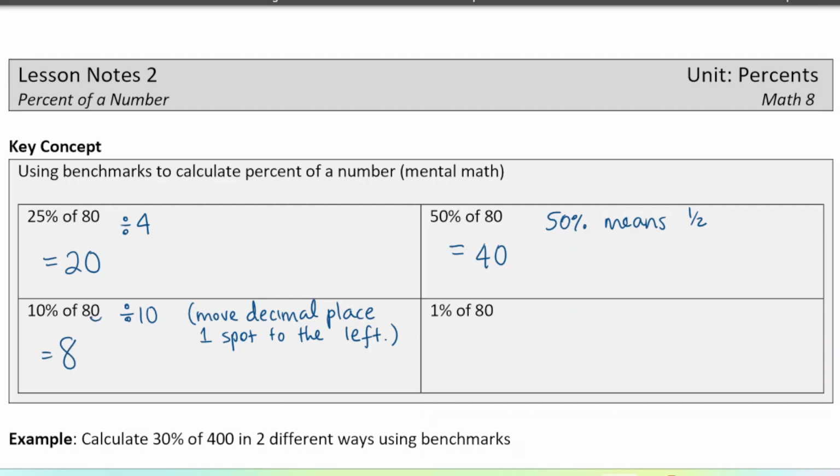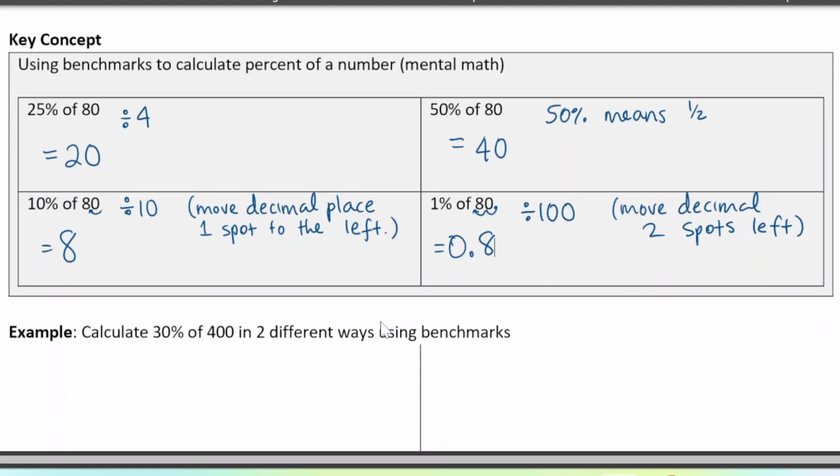You just move the decimal place over 1 and you've got 10% of your number. If you want to do 1% of your number, we divide it by 100, because remember, 1% means 1 out of 100, so 100th. So you move the decimal place 2 spots left. So for 80, we'd move it twice, it'd become 0.8. And that's it. So those are the benchmark ones.